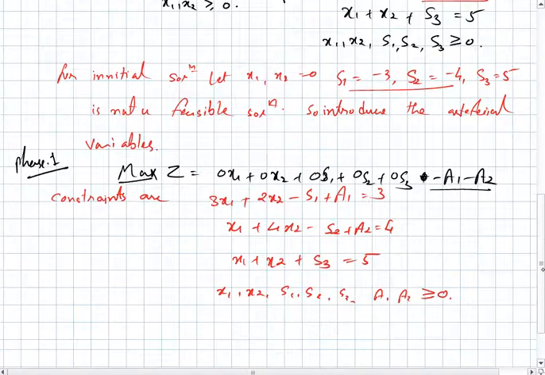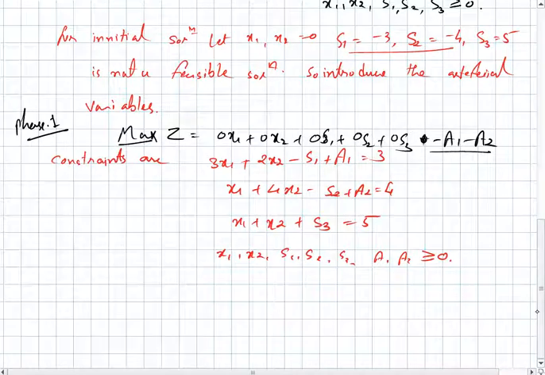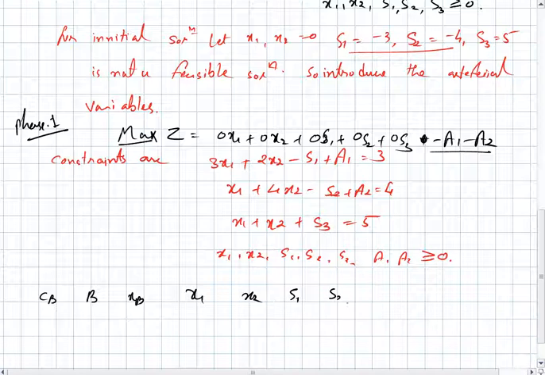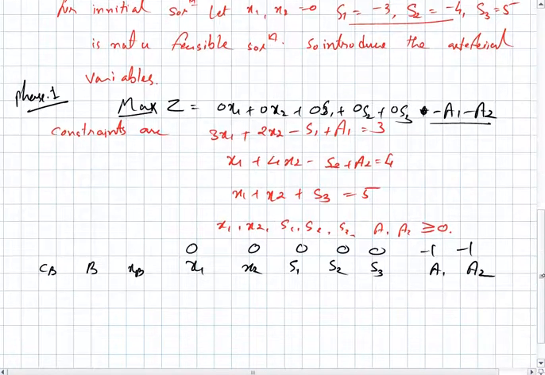So we have to write down the phase 1 simplex table. For the simplex table again we write CB, B, XB, X1, X2, S1, S2, S3, A1 and A2, and their coefficients. Here it is all 0 except minus 1.